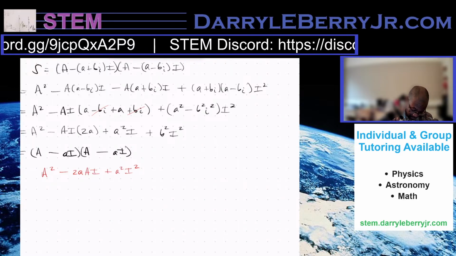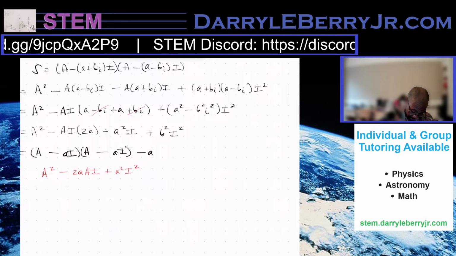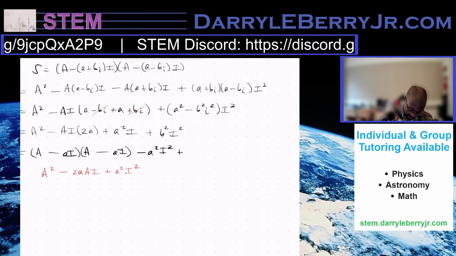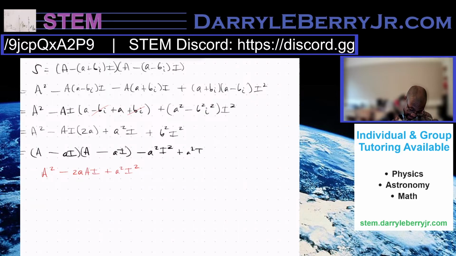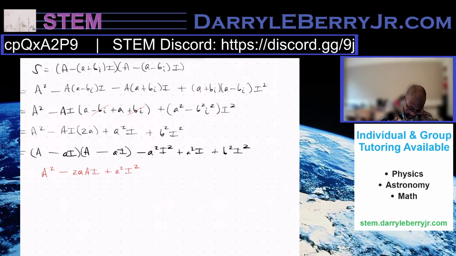So I would have to subtract a squared i squared, and then I still have the a squared i, and then plus b squared i squared.